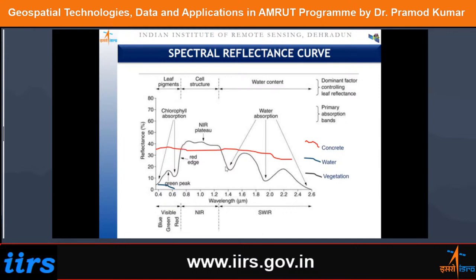Then there are some absorptions, and finally the spectral characteristics vary across the different spectral domains. This also happens in the case of concrete and other built-up surfaces. In general, the reflectance is quite high, except in the infrared region, where because of certain properties of the leaf material and the cell structure, the reflectance is higher as compared to the concrete surface.